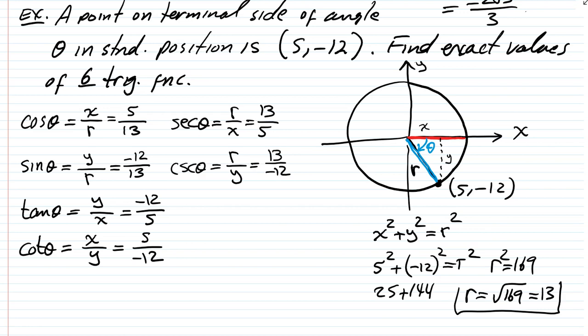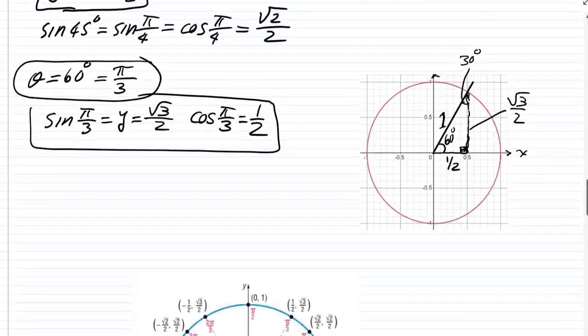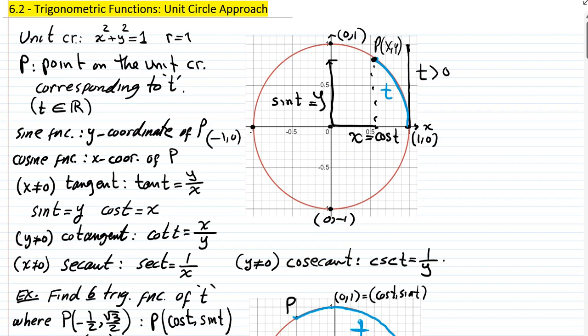These are the exact values of all 6 trig functions corresponding to angle theta and corresponding to a point on a circle of radius 13, the point 5, negative 12. All right, so hopefully again this is a good review of these 6 trig functions as points on the unit circle. And with that, we are done with this lecture. Thank you for watching.